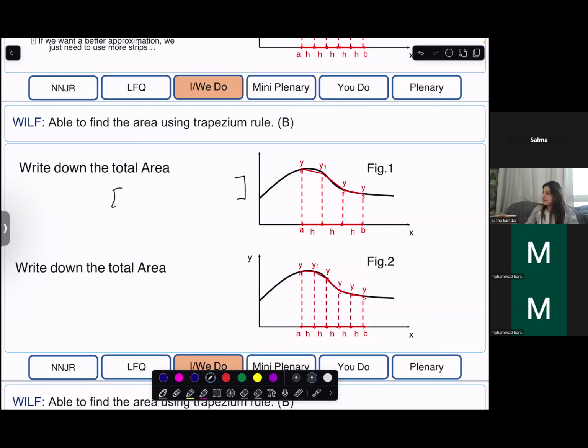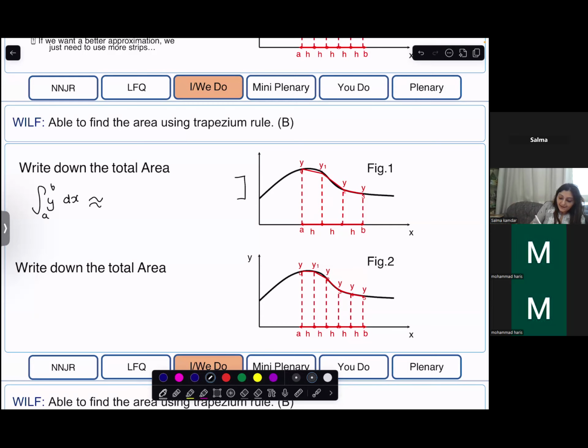So when I am saying it is the area under the curve and it is split into how many strips for the first one? It is split into three strips, right? So if I am writing the formula for it, I will directly write I'm integrating y with respect to x between b and a.